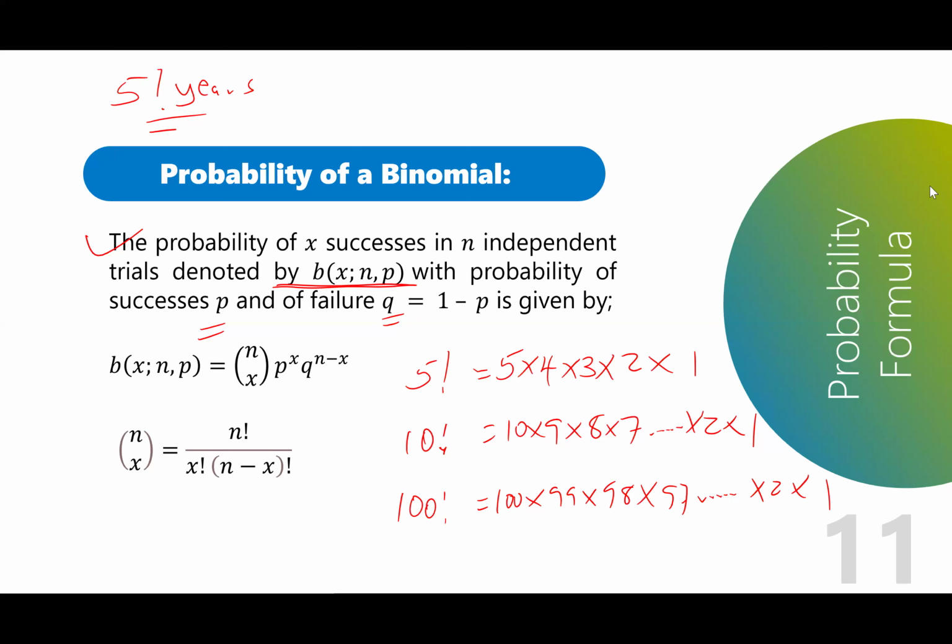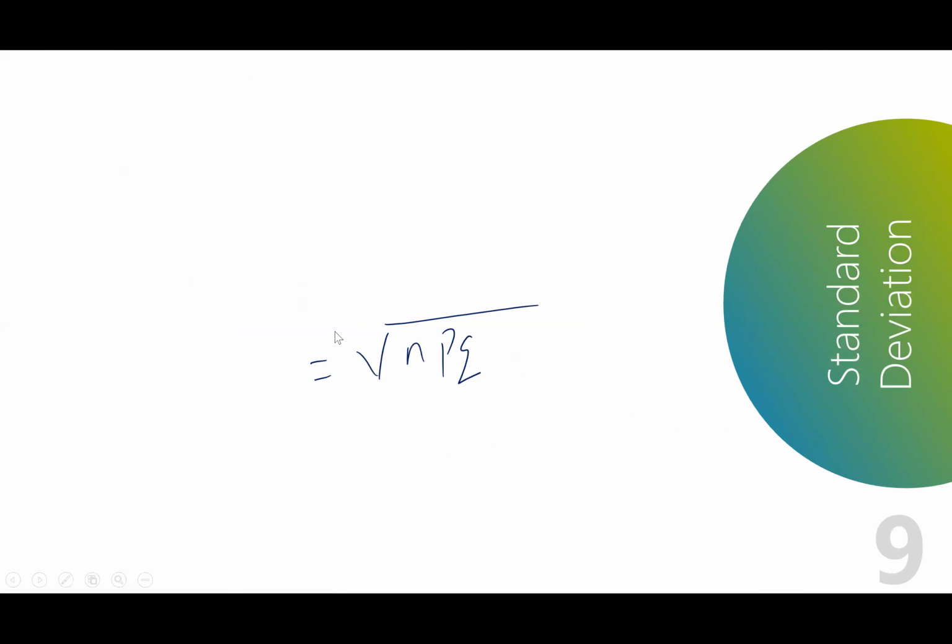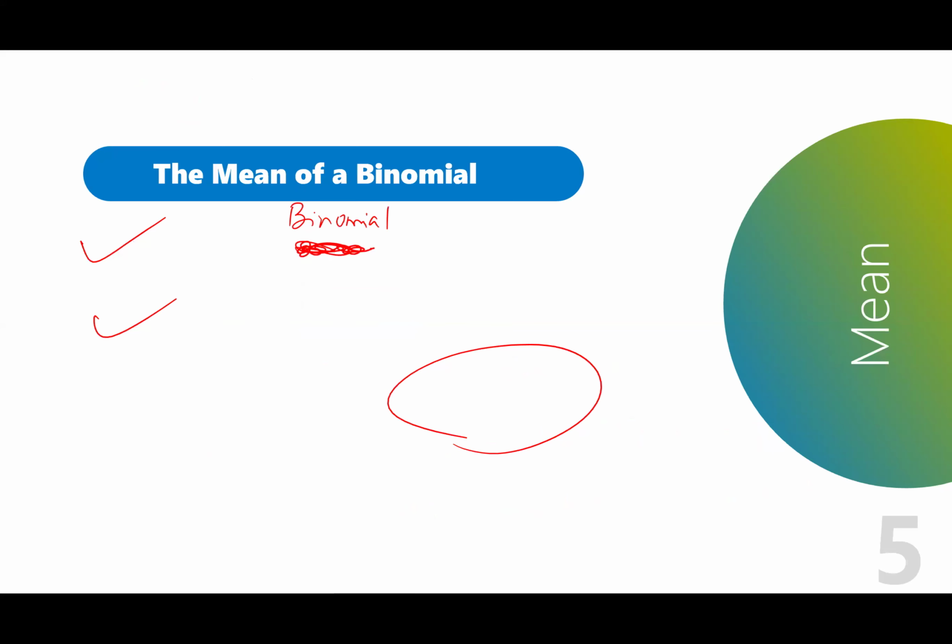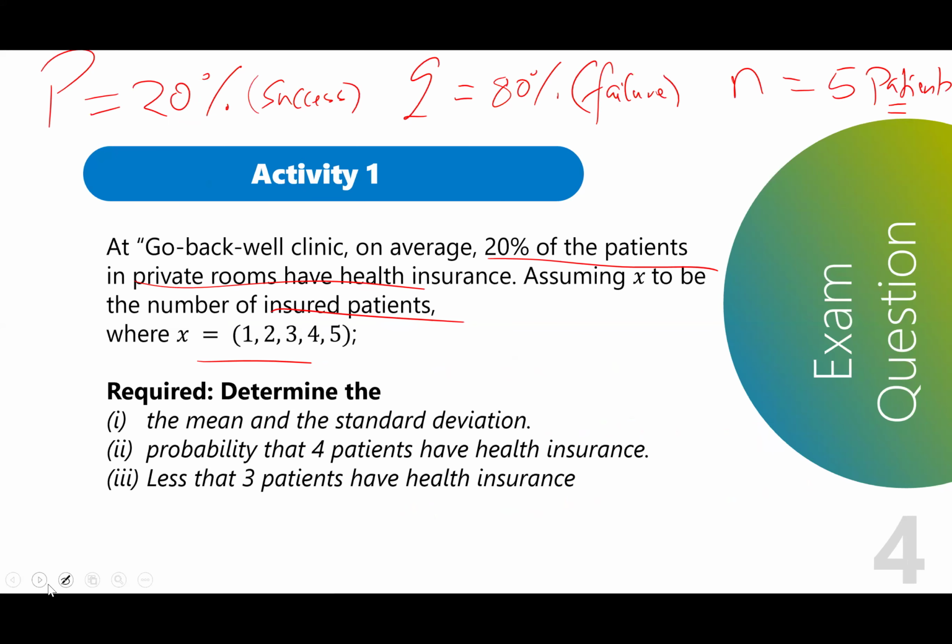So using this, what would be the probability? Now let us go back to the question. If I can take you back to the question, what are we saying? Roman 1 is done. Roman 2: probability that 4 patients have health insurance. So what are we talking about here?